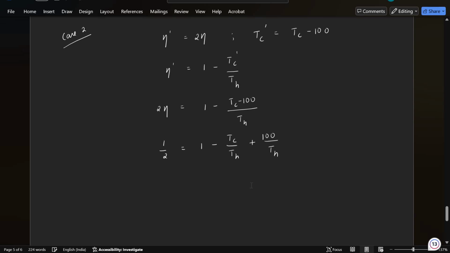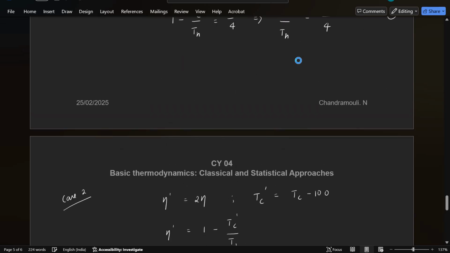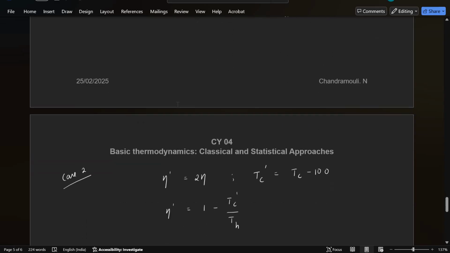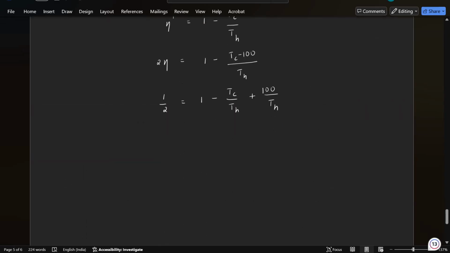So what else do we know? From equation 1, Tc by Th is equal to 3 by 4. Let's substitute that over here. So 1 by 2 is equal to 1 minus 3 by 4 plus 100 by Th.